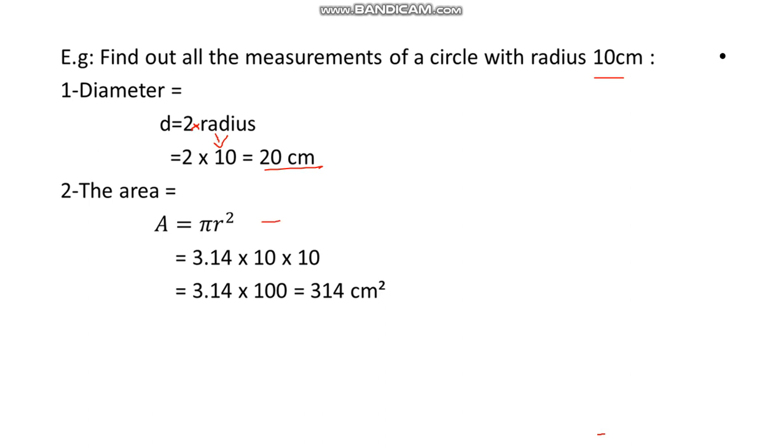I can write the value of pi as 3.14, multiplied by the radius two times, r multiplied by r. So r is equal to 10. So 3.14 into 10 by 10 will give you 314 centimeters square.